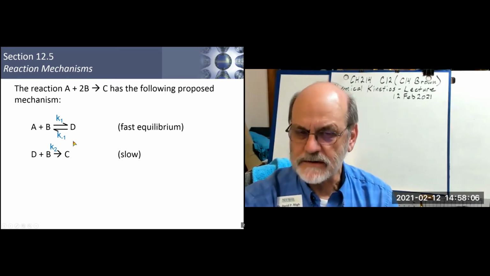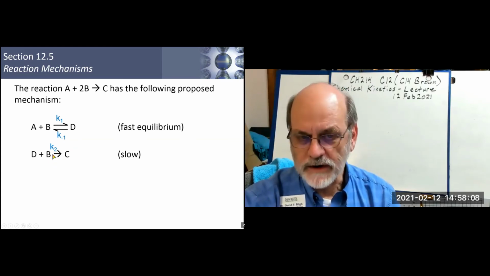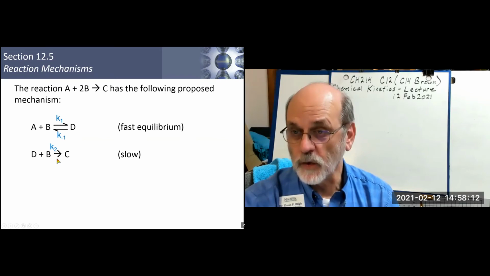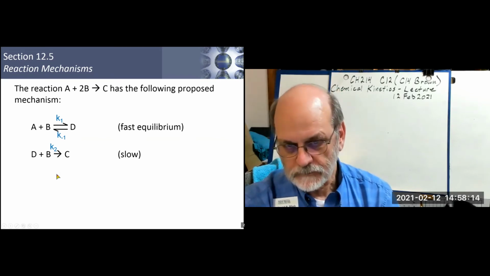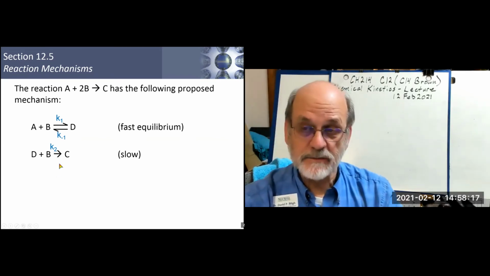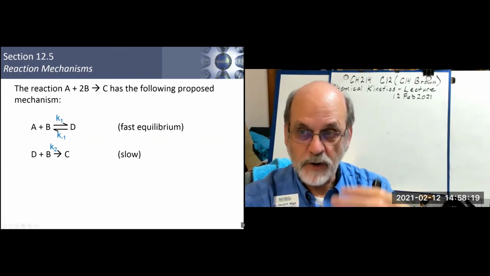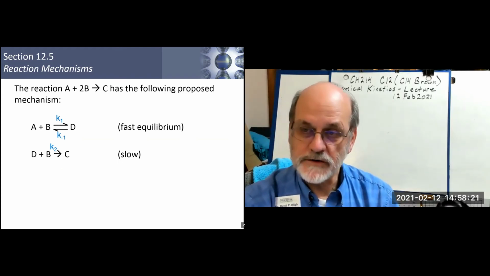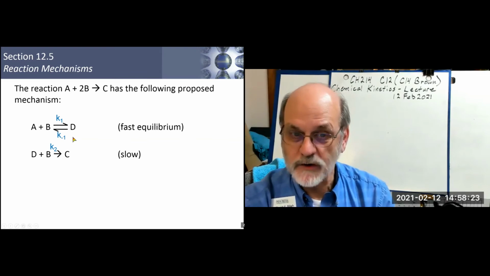But those are fast. The slow one is governed by this K2, which only goes in one direction. And that's part of the mechanism proposal, whether it's unidirectional or bidirectional.